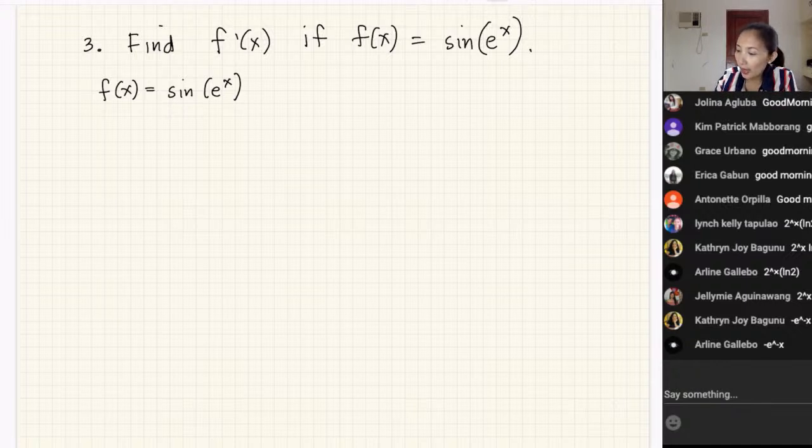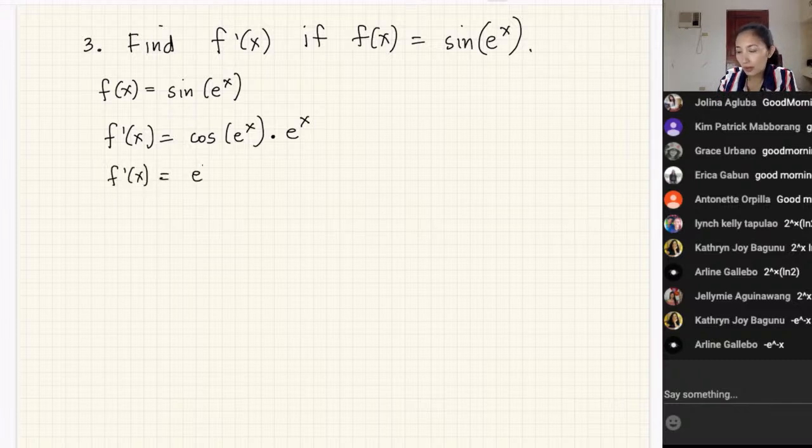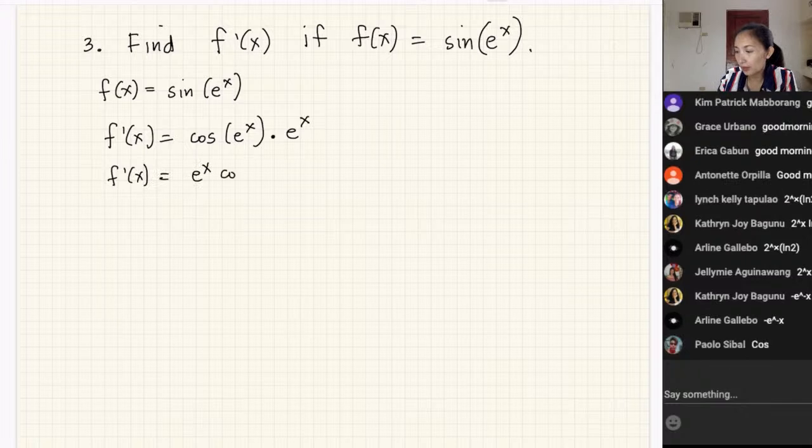So f prime of x is therefore equal to cosine u du, so cosine of e raised to x times, by our chain rule, the derivative of e raised to x, which is e raised to x. As simple as that. Or you can rearrange the factors into e raised to x cosine of e raised to x.